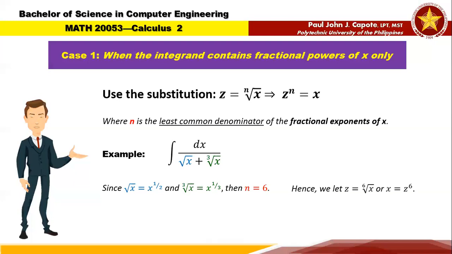Hence, we let z equals 6th root of x, which implies further that x is equal to z to the power of 6. Differentiating x with respect to z, we get dx is equal to 6 times z to the power of 5 dz.